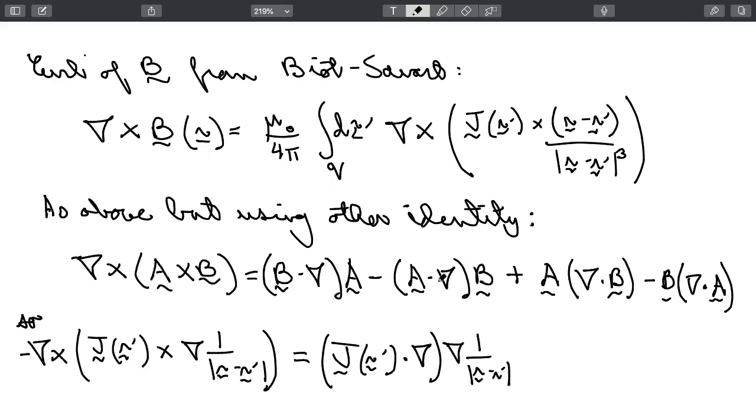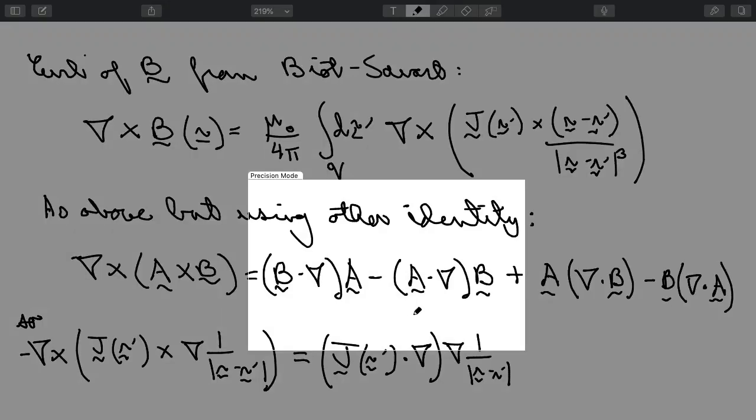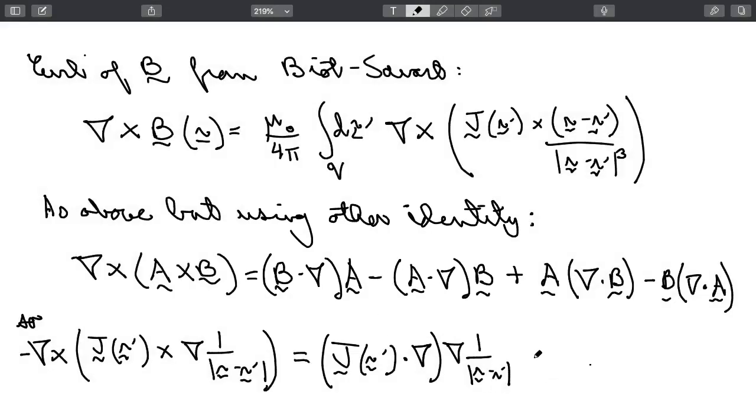So that's the first non-zero contribution. And you see again, this one here has the differential operator acting on A, with its r' dependency, so this term is also 0. So I only have this one left. And when I rewrite it, I just have minus the j at r'.